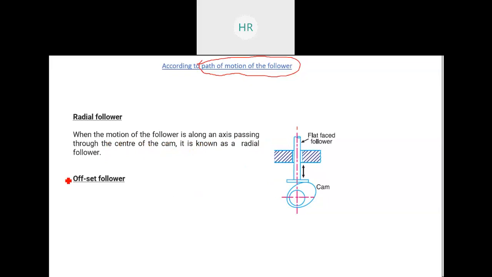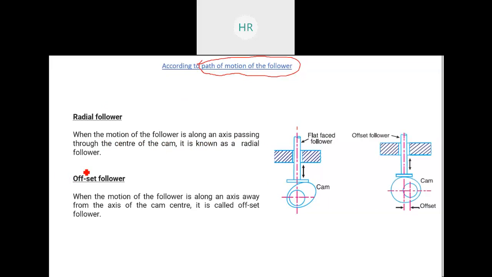And second classification according to path of motion is offset follower. So by the name you guess, offset means now the center of rotation of cam and axis of motion of follower are not coinciding, they are having some offset between them. मीन्स यहाँ पे जो कैम है वो रोटेट होगा इस सेंटर के अगेंस्ट में और फॉलोअर का मोशन होगा ये वाली एक्सिस पे.